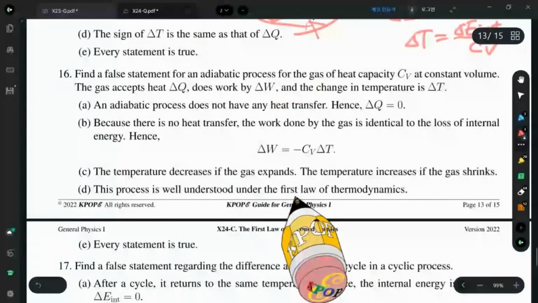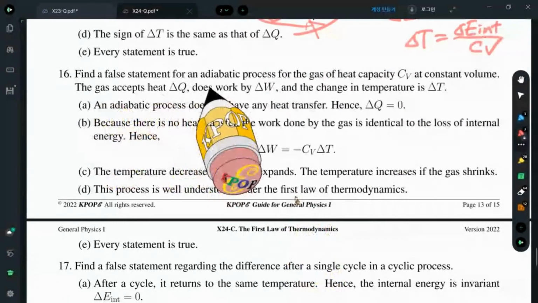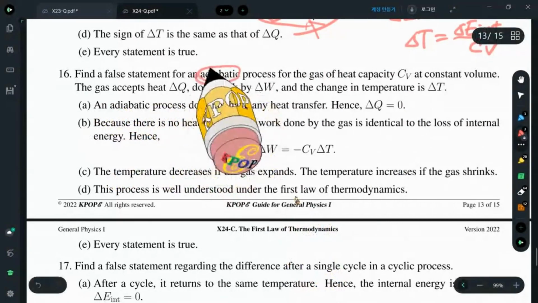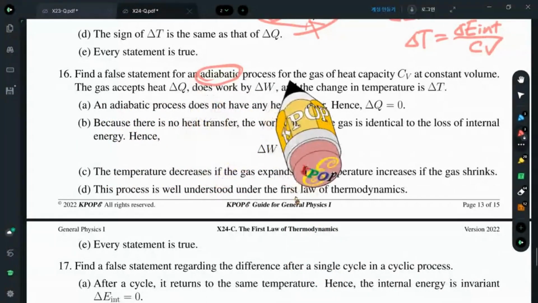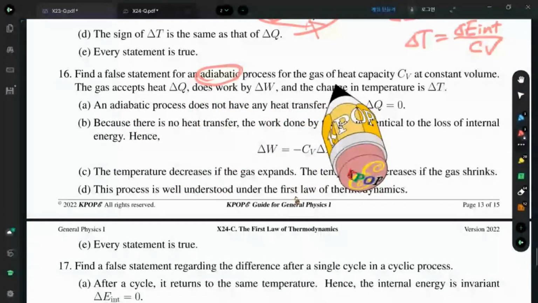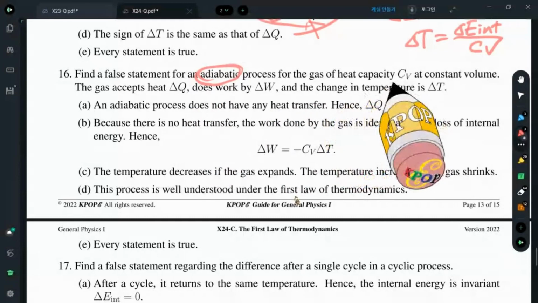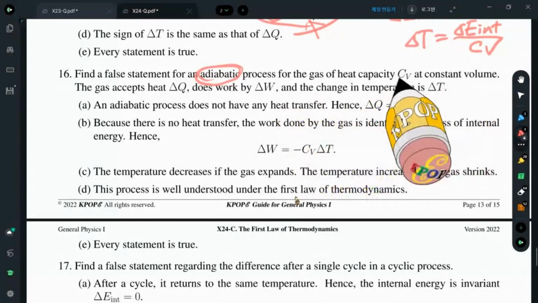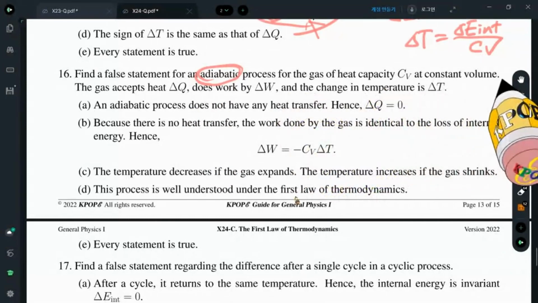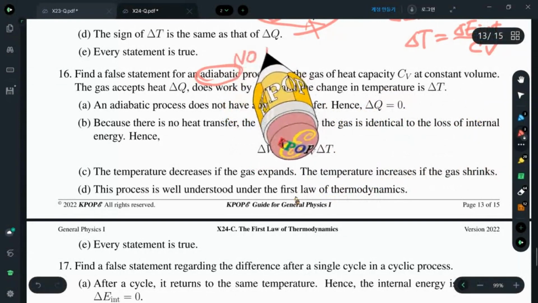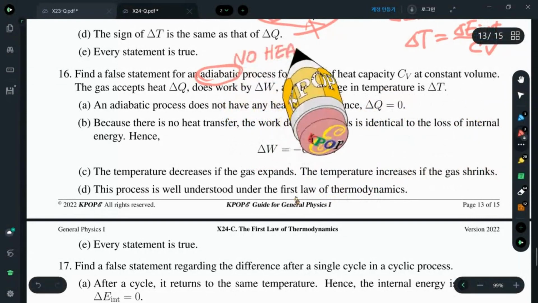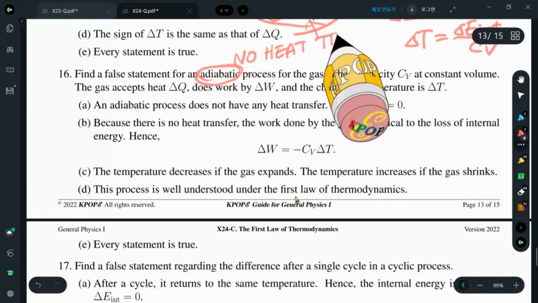16. Find the false statement for an adiabatic process for a gas of heat capacity CV at constant volume. Adiabatic, there's no heat transfer.